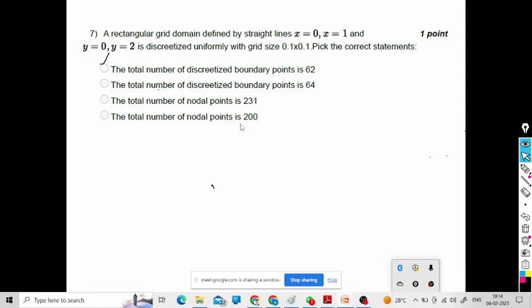Next, the forward difference approximation of the mixed boundary condition del u by del x is equals to u plus beta at x is equals to xn is what amongst this?